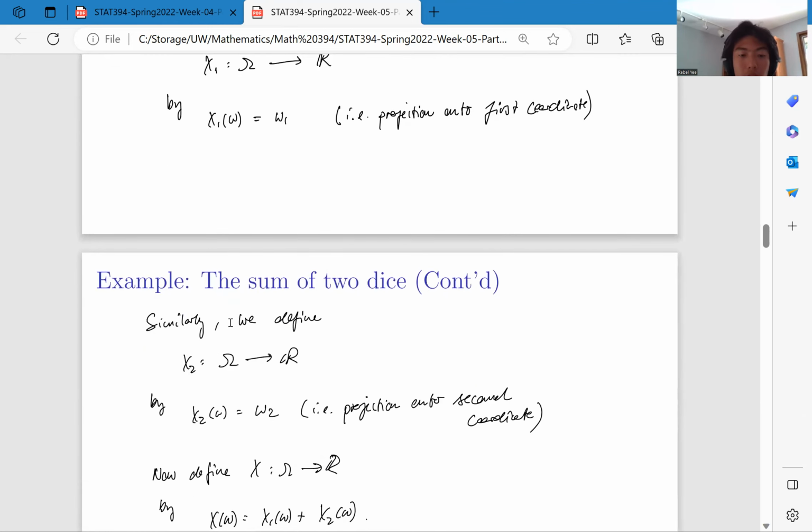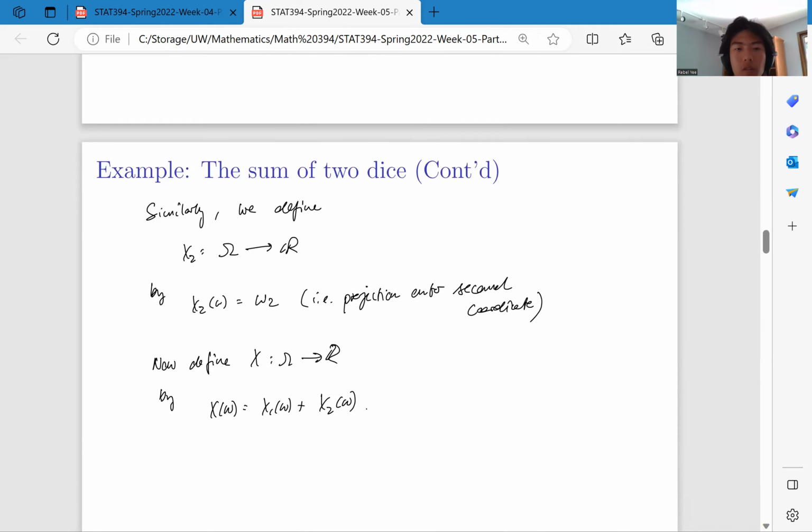And we also denote X2 equal to ω2. So X1 is a random variable that only counts the first rolling, and X2 represents only the second rolling.